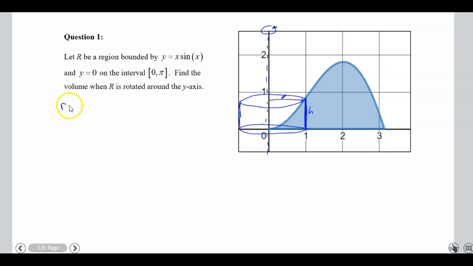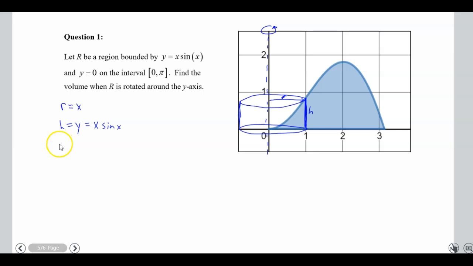Usually the easiest one is actually the r. This is going to be a little dx equation. This distance over from the y-axis is just x, so in this case our r is just going to be x. The height, from the x-axis up to here, is actually just going to be y. But remember, with dx, we want things in terms of x, so we will go ahead and replace that y with this x sine x. So we'll get our x sine x right there.